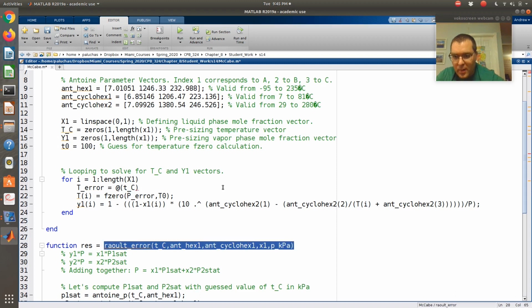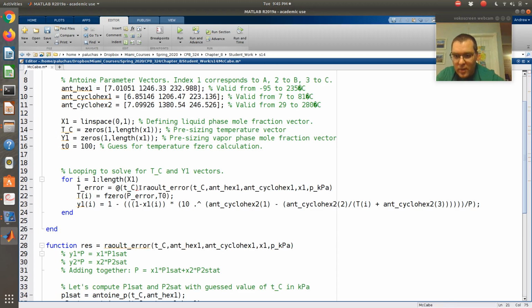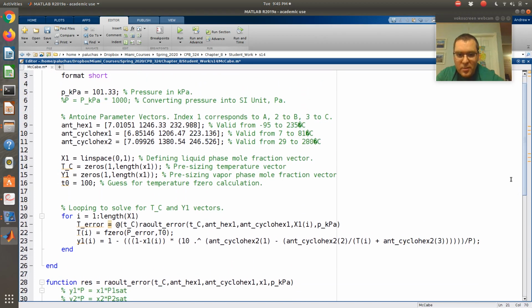And for that value of tc that I pass to my reduced error function, I'm going to call result error with that value of tc, then hex1 and cycle hex1. Now x1 would be my x1I, my x for that given loop iteration, and then p kilopascals would be my pressure up there.